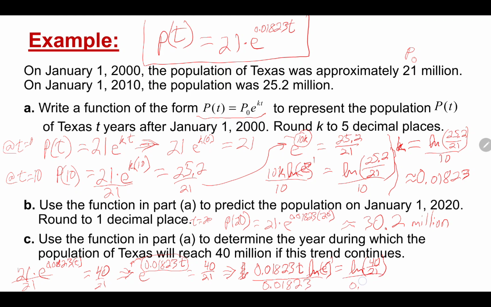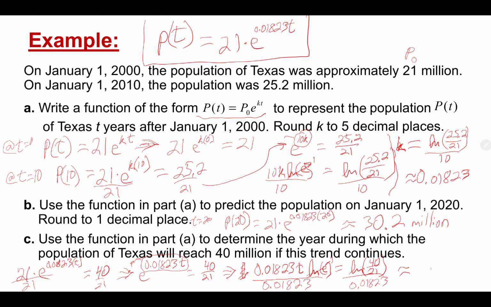Since I'm determining years, approximately this would be ln of 40 divided by 21, close that parenthesis, divided by 0.01823.